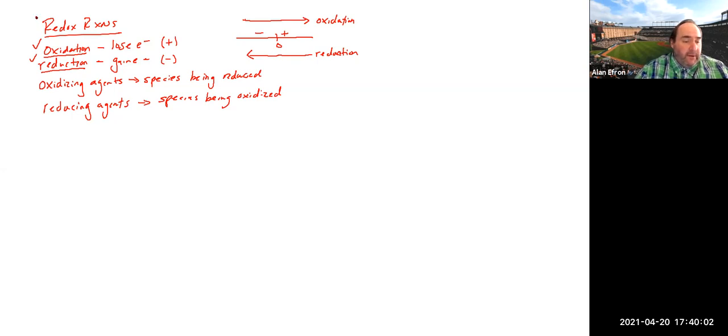Now, when we talk about redox reactions, these really are like the big umbrella of reactions, like we were talking about earlier in this chapter about double displacement reactions also being a big umbrella of reactions.